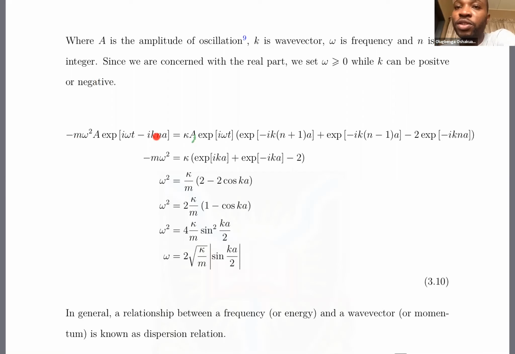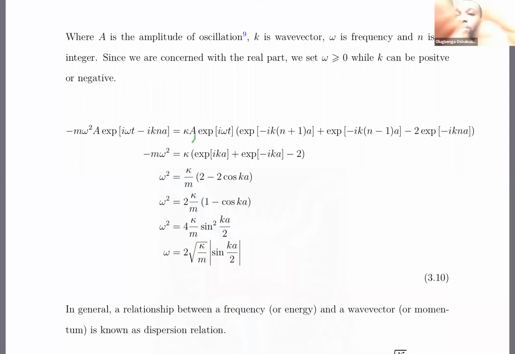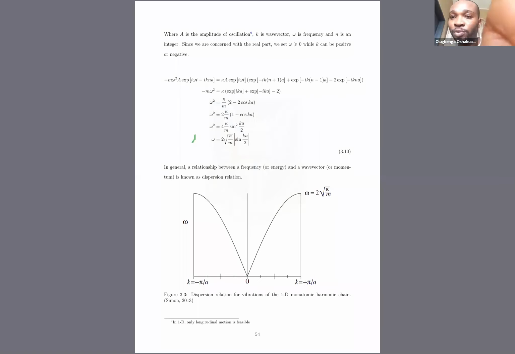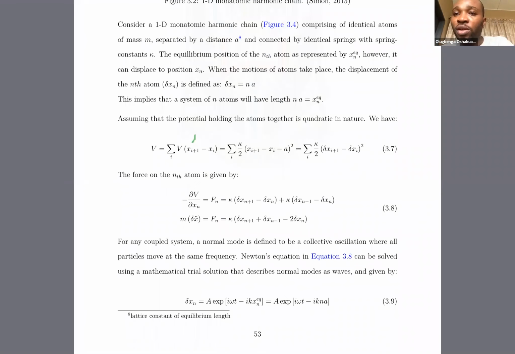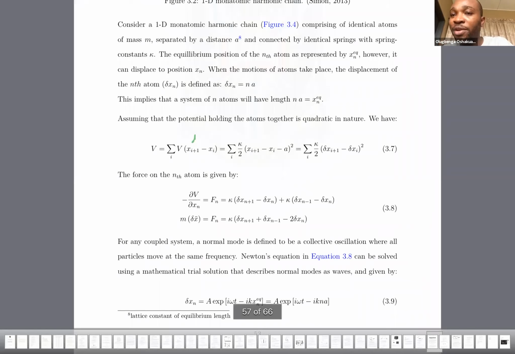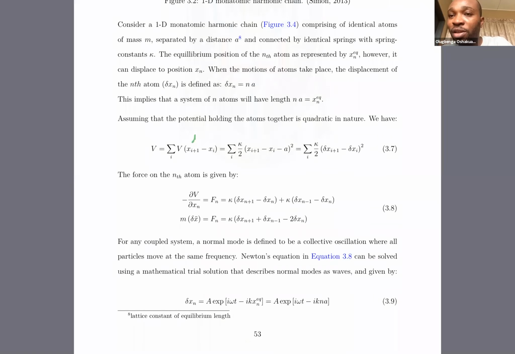So this equation is as good as the previous one we had. Let me bring it back. When you look at equation 3.8 closely, we are talking about MA, that is Newton's second law, being equal to Hooke's law.